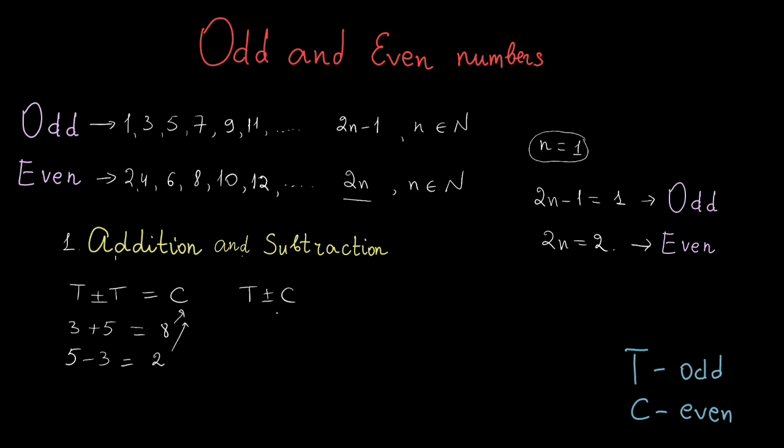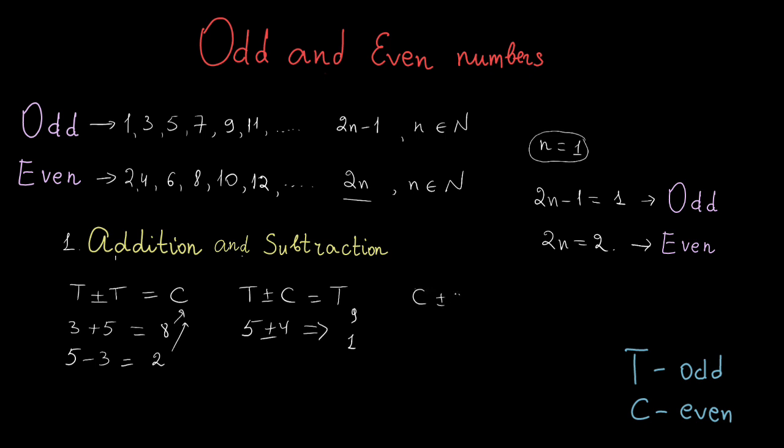We can also add or subtract odd and even numbers. For example, adding and subtracting 5 and 4 will result in 9 and 1, both of which are odd numbers. Next, we can add or subtract two even numbers.